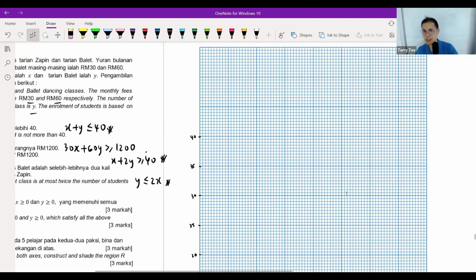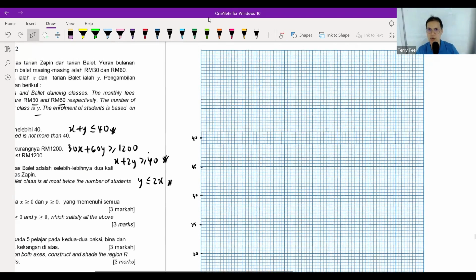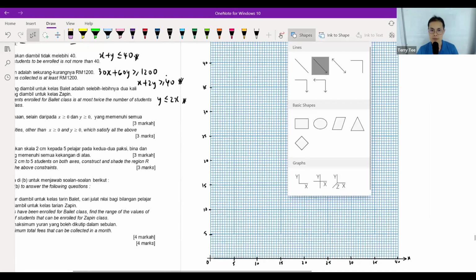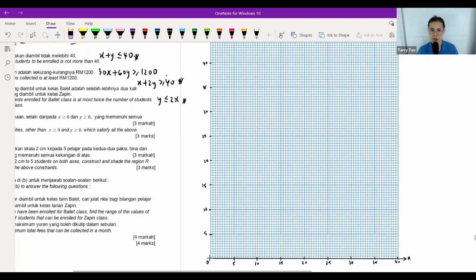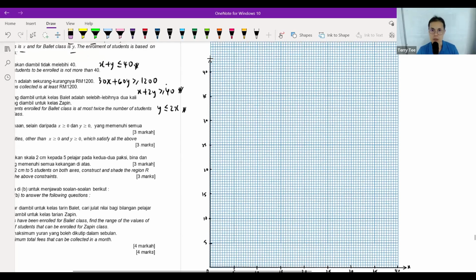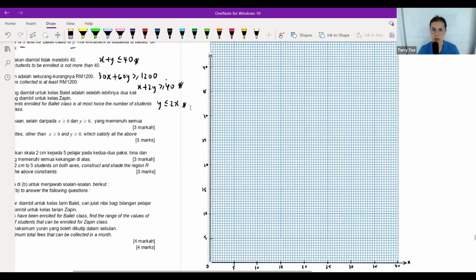I think the maximum is about 40. I'll show you the table in a while. You can use the table of values to help you draw your graph. I think we can stop at 40; I don't need to go more than that.